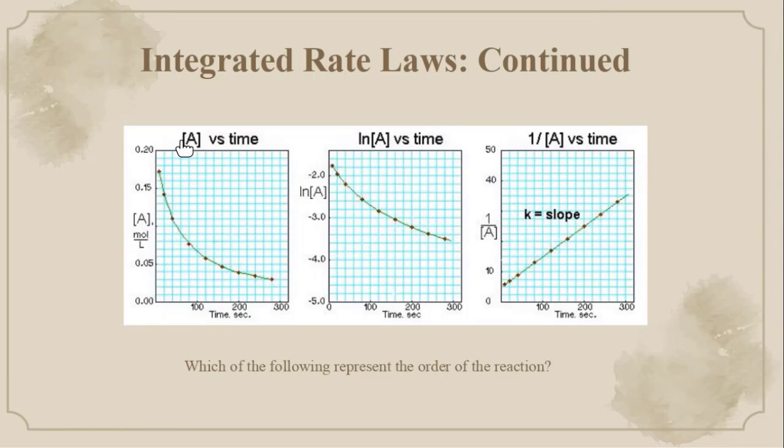So the first one is a zero order, the second one is a first order, and then the third one is a second order. And how do we know this is a second order rate? Also, it's the slope, right? That it's linear.